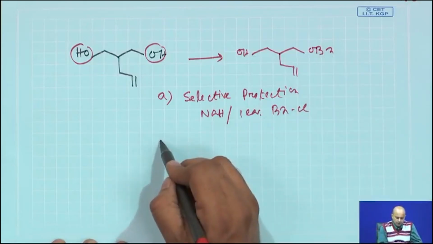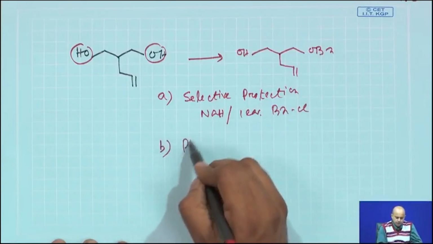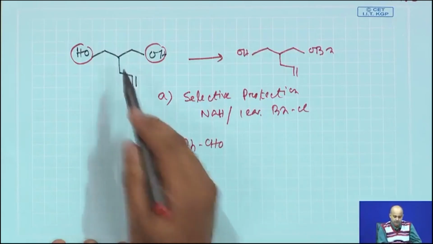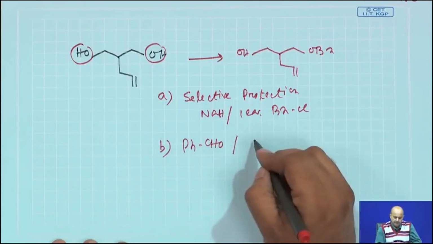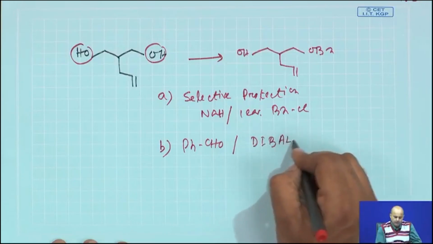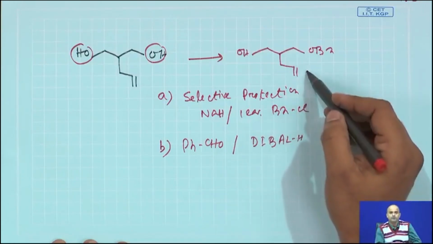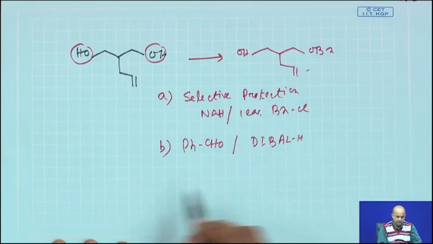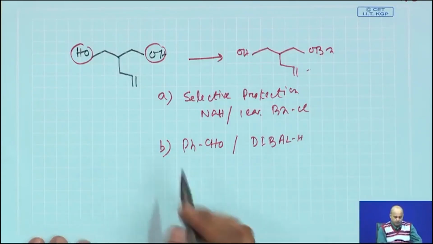And then we also explained earlier, if you go through the slide, if you make the corresponding benzylidene acetal of this compound and react with a hydride source like DIBAL, it can also give you cleavage of this benzylidene acetal. Now, these things are already known to you.